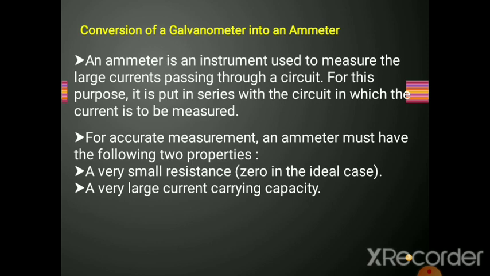When it is in series with the circuit, we can measure current. For accurate measurement, an ammeter must have the following two properties. It must have a very small resistance, in an ideal case 0, and a very large current carrying capacity.